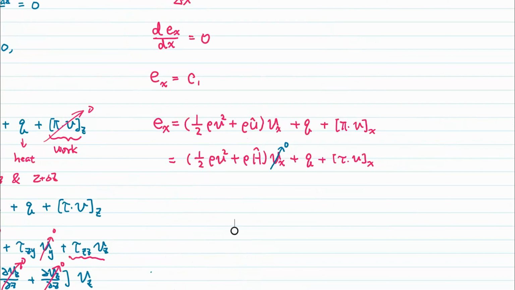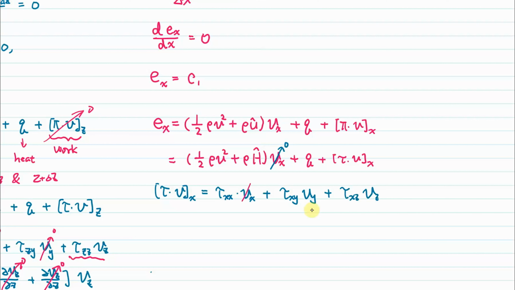And if we look further into the shear stress, the work associated in the x direction would equal tau xx vx plus tau xy vy plus tau xz vz.